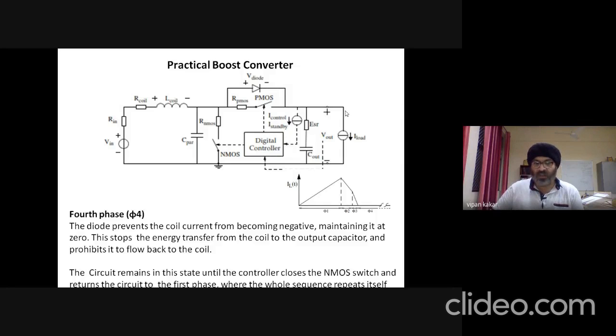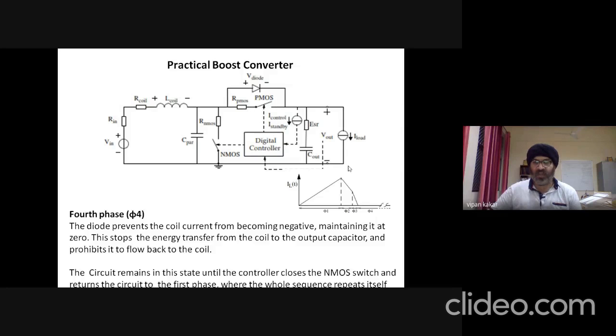So it stops the energy transfer because now the coil is already fully de-energized. So no flow of energy in this circuit in phase 4. The circuit will remain in this state where no energy will flow because this inductor is completely de-energized.